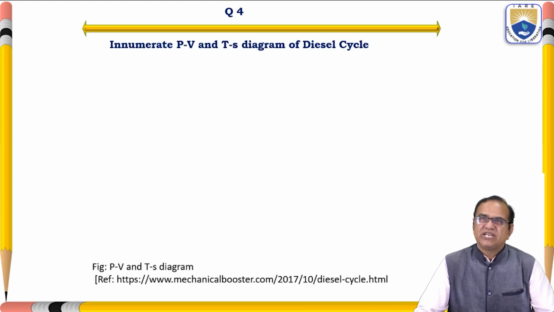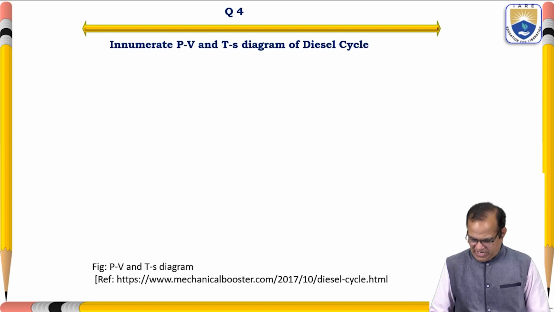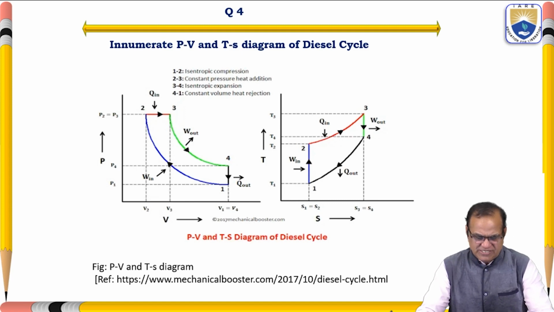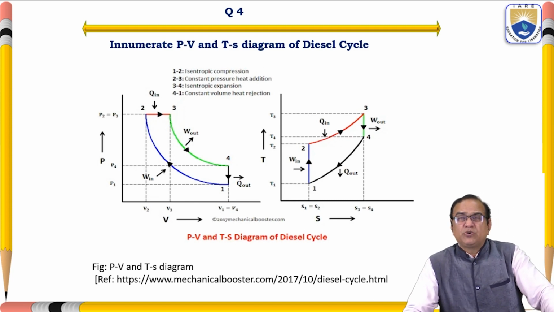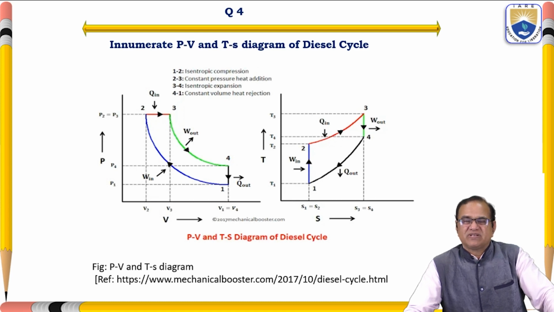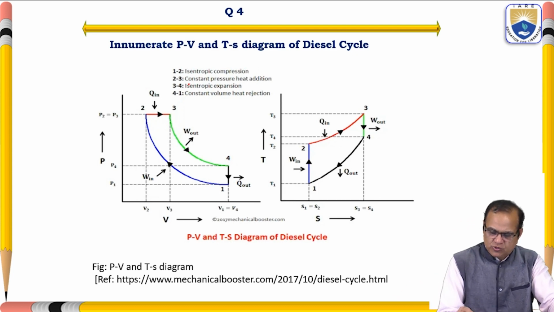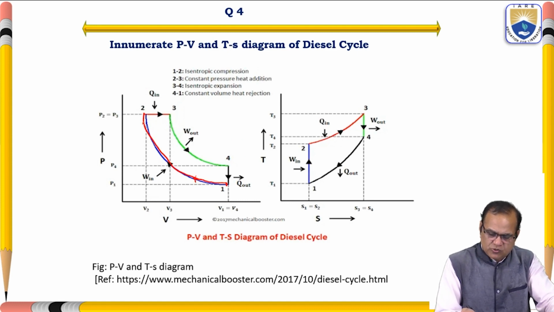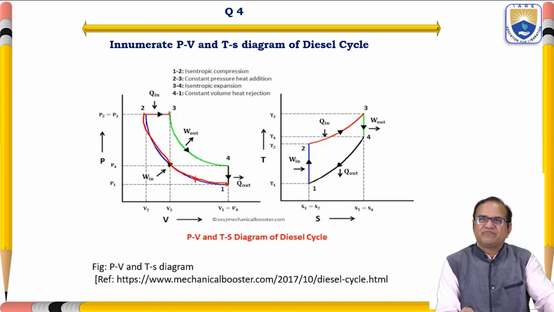The next question is to enumerate the PV and TS diagrams of a diesel cycle. You can see the diesel cycle has a little difference. Process 2-3, which was constant volume in the Otto cycle, is here a constant pressure process. 1 to 2 is isentropic compression. 2 to 3 is constant pressure heat addition, also called an isobaric process.